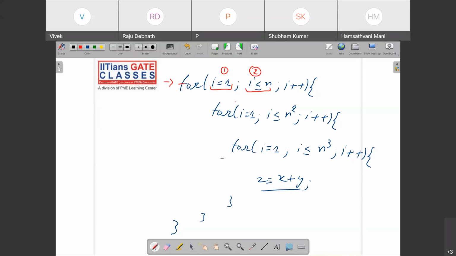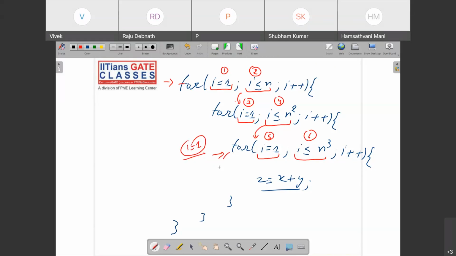Suppose the value of n is very high, we will enter the next for loop. This step will be executed. At the third step, it will check that this condition is satisfied. At the fourth step, it will enter the inside for loop. It will be executed at the fifth step. At the sixth step, it will check the condition. Till here, what is the value of I? It is 1 only.